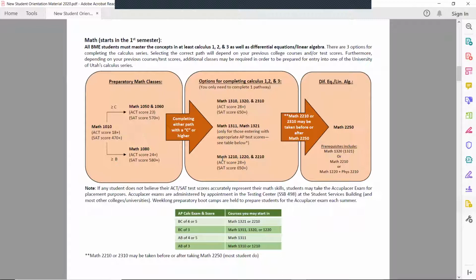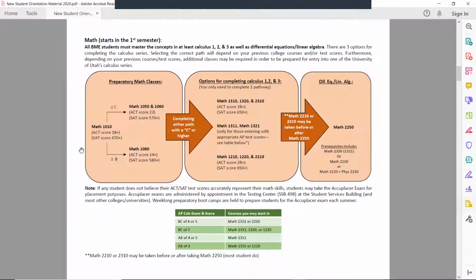And some students took IB, and you need to work with the math department if you took the higher level IB classes, and then they can figure out a placement for you off of those. Now, this is advising from us onto what class you should be going into. The reality is the placement into math is strictly dictated by the math department. And so these are based on their guidelines as to which class you can go into.